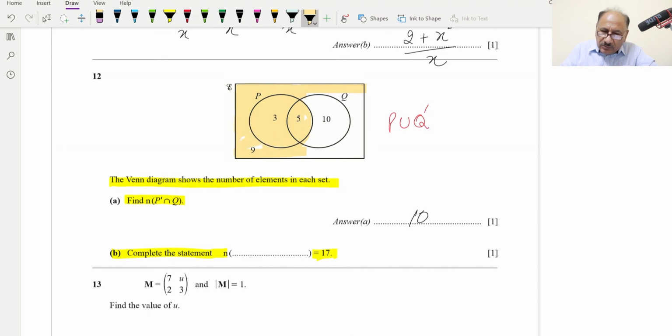So this is the region which we have identified by the statement provided over here. So our answer is that n of P union Q complement will be equal to 17. So this part is also done.